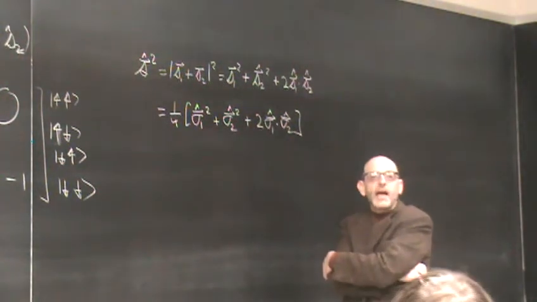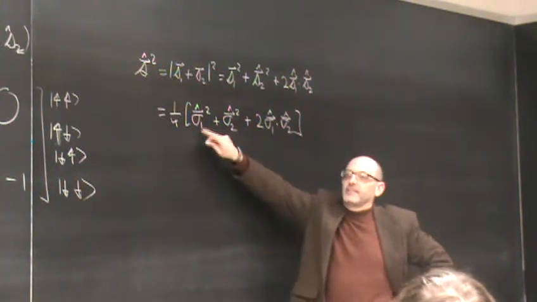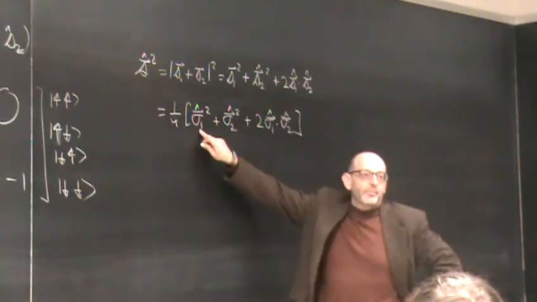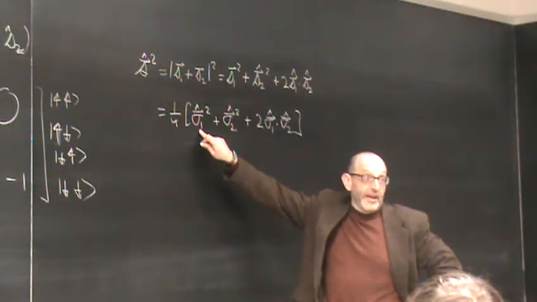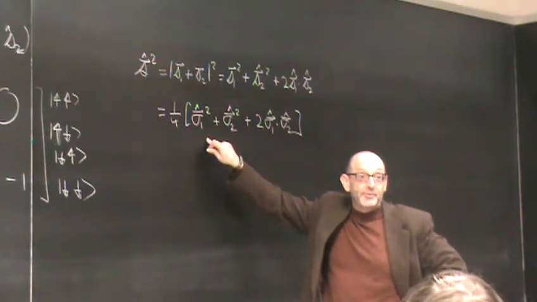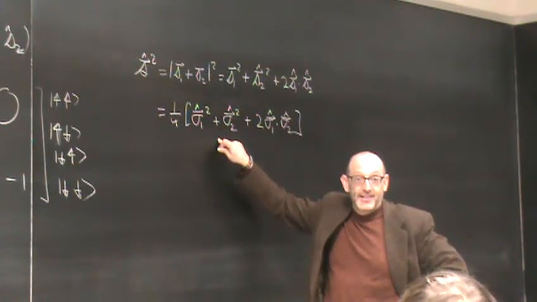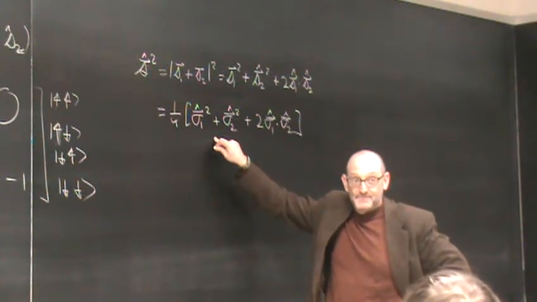Right. So now I ask you, what is this operator? It's 3, right? Because it's sigma x squared plus sigma y squared plus sigma z squared, and each one of those is the identity.